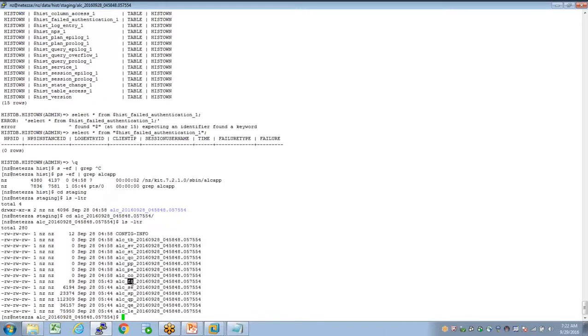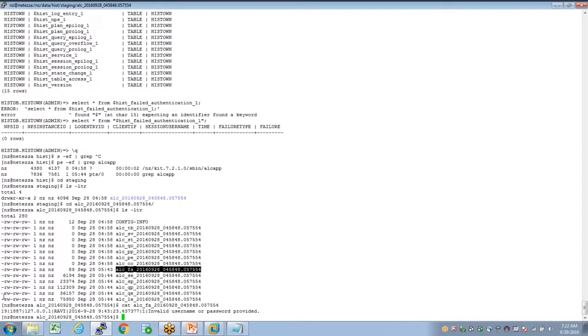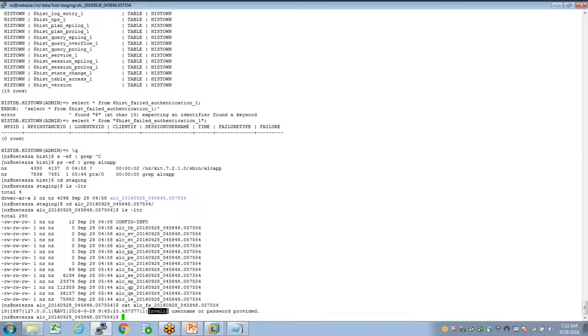FA stands for failed authentication. It just collects the data in the format it needs. This is the record for the error I have just made. So it just loads this data into the table, nothing else. Now ALC app converts whatever failed authentication I made into a record. That's it. Go ahead.